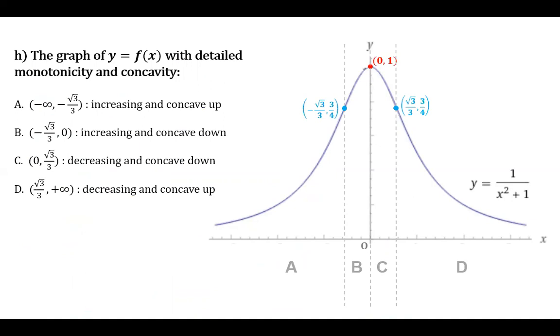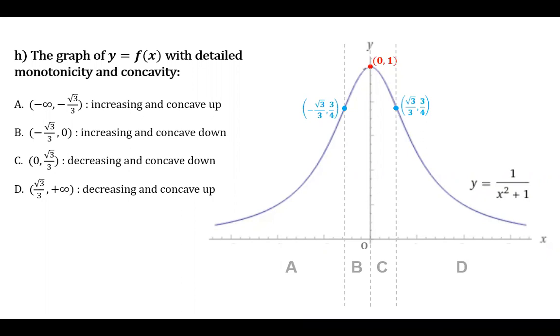The 2 points highlighted in blue are called points of inflection, right? And the point highlighted in red here is a critical point, which means the first derivative is 0 here. And these 3 points divide the whole graph of this function into 4 regions, right?